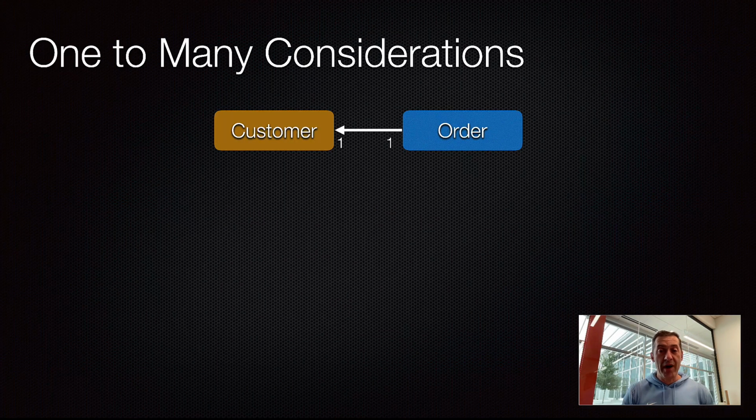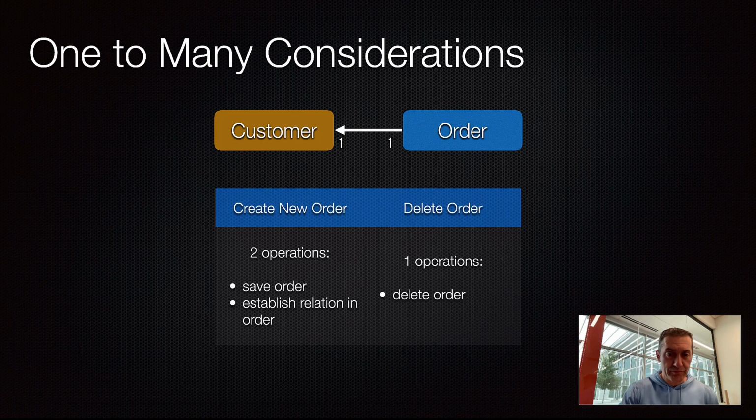So that's what we have with this classical one-to-many. Let's see what happens when we have a one-to-one, where order is the parent table and it has a one-to-one relationship column to the customer. Well, things look at first glance almost the same, where we have two operations where you save the order and then you establish relation to the child, meaning the customer, in the order object, right? Because in this case, order is the parent.